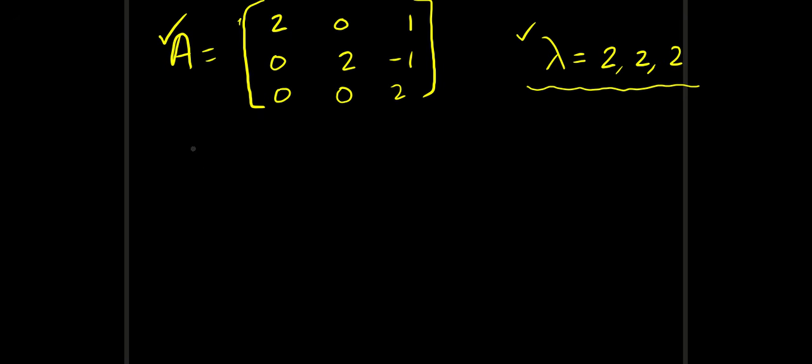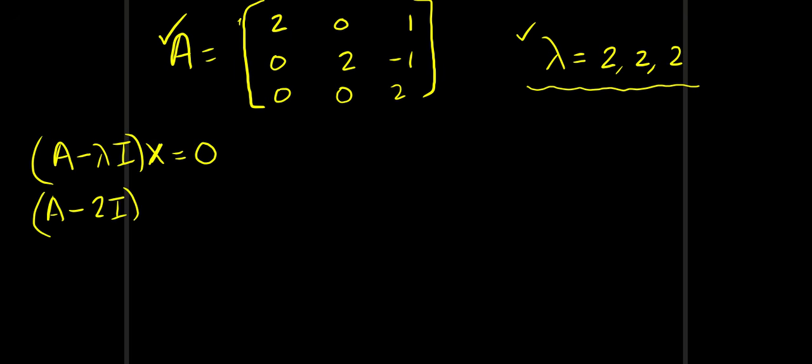There is only one case, and we are going for the equation to find the eigenvector, that is A minus lambda I into the required eigenvector is equal to 0. And that will be A minus 2I of x is equal to 0.